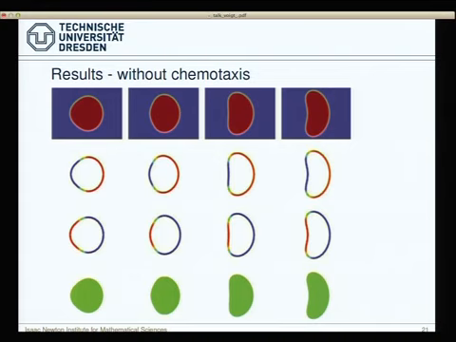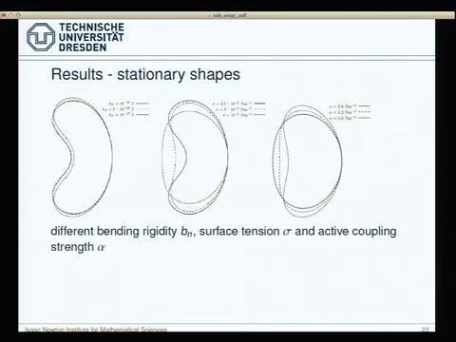These shapes are quite similar to what we have seen at the beginning. What we can now do is vary some of the parameters, the bending rigidity, the surface tension, and this active coupling strength, in some reasonable parameter regime, and look at the stationary shape.